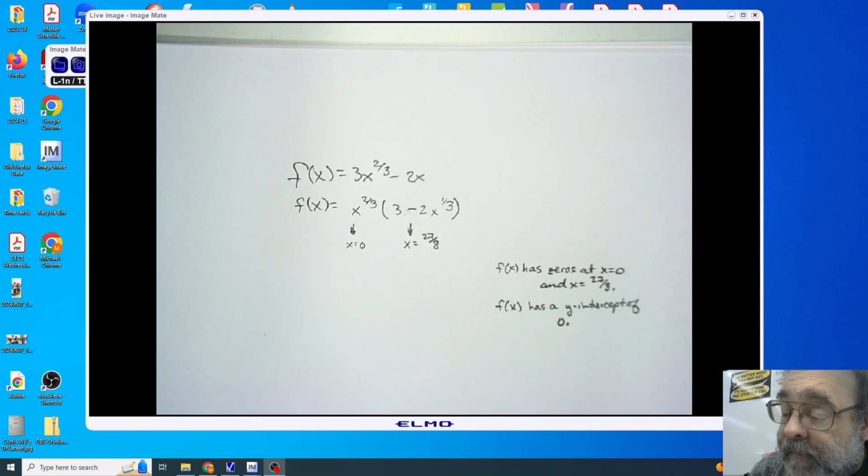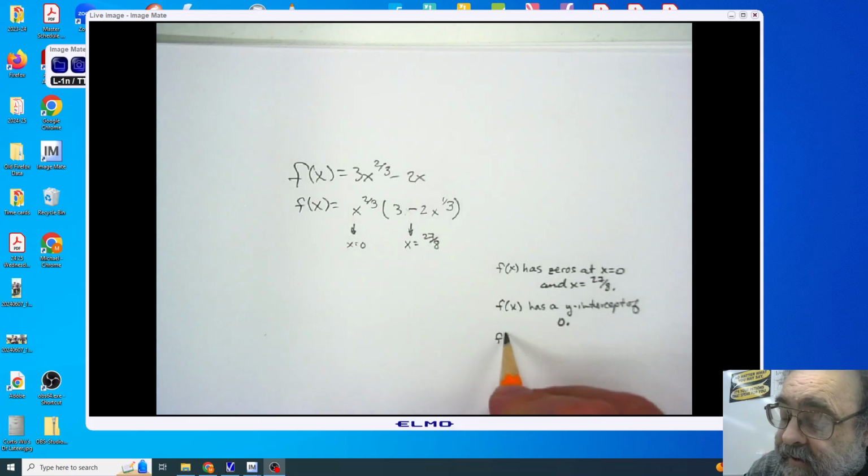Let's see, there are no vertical asymptotes, so f of x has no vertical asymptotes.